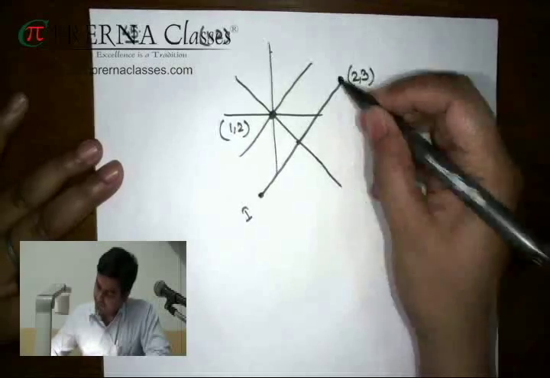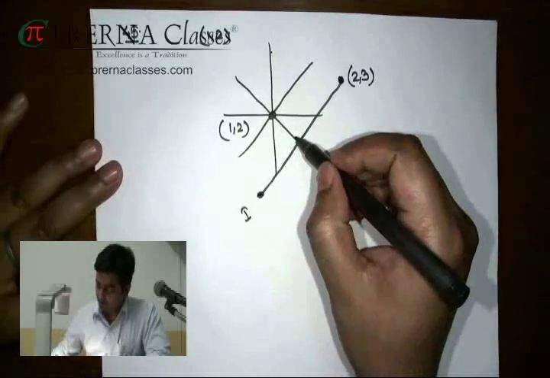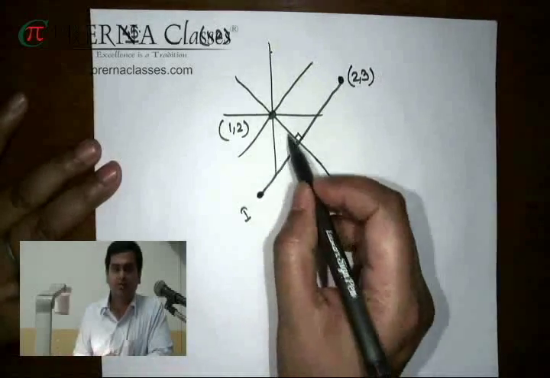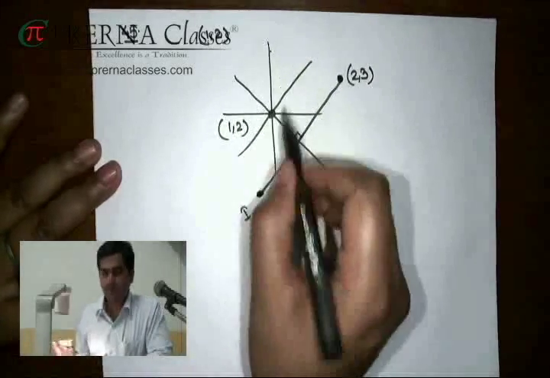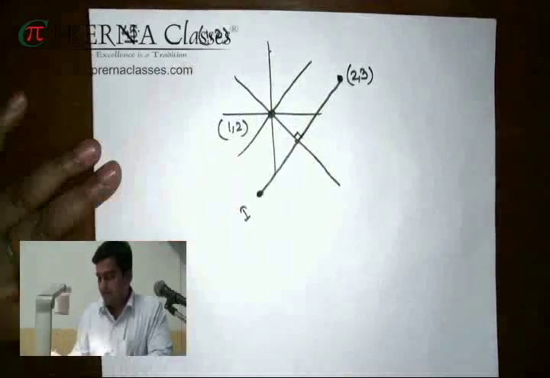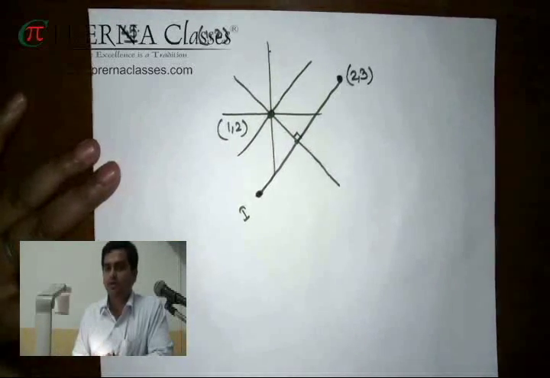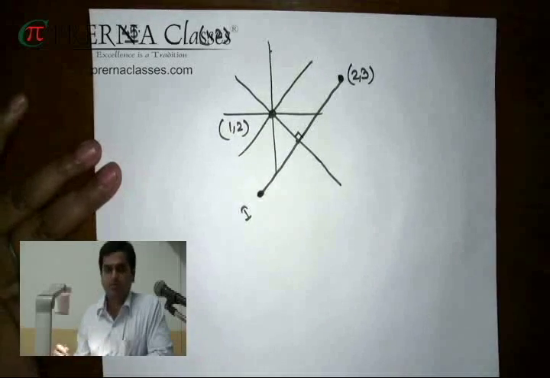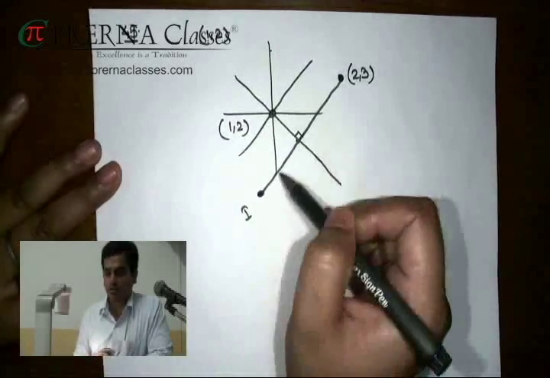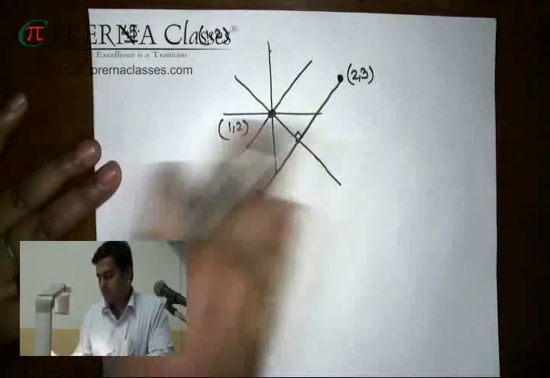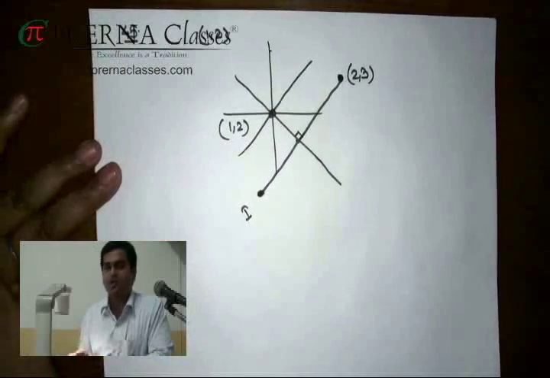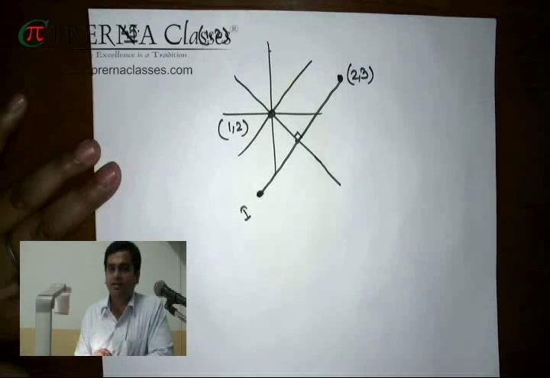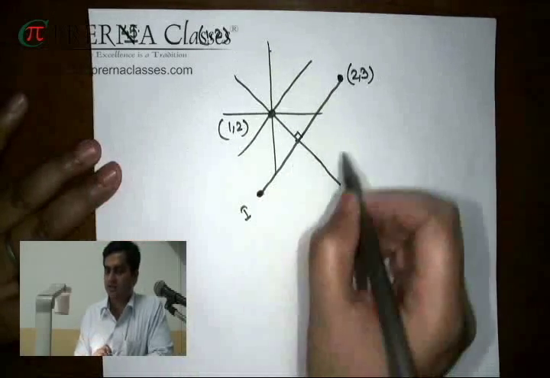If I join that pair of points, that is the object and image, clearly you can check this line in which we have taken the image is the perpendicular bisector of it, and that perpendicular bisector in all the cases passes through a fixed point. If you recall, this is a special property of a circle where all the chords are perpendicularly bisected by a set of concurrent lines where the point of concurrency is the center.